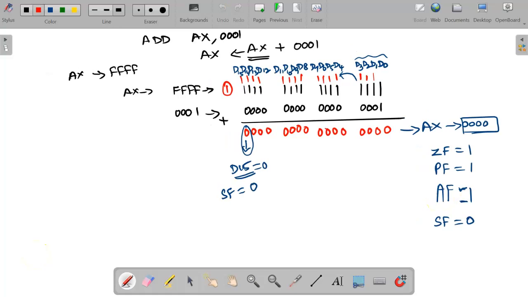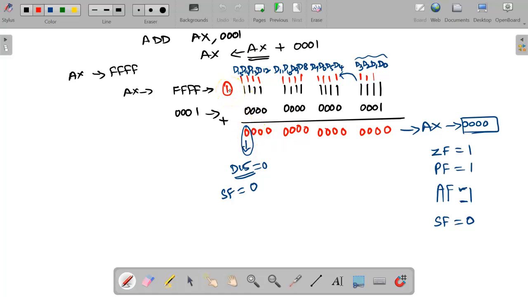So next we see the carry flag. Carry flag means we have to get a carry from the D15th bit. So here when we see the addition operation again, at the D14th bit, 1 plus 1 is 10, here 0 and then again 1 we are getting, and then again 1 plus 1 is 10, so we are getting a 0 and then we are getting a carry.